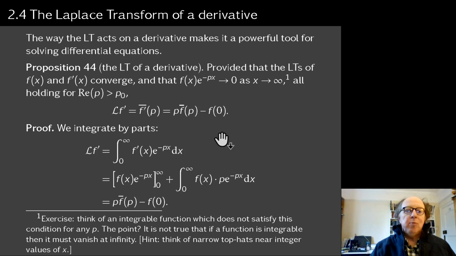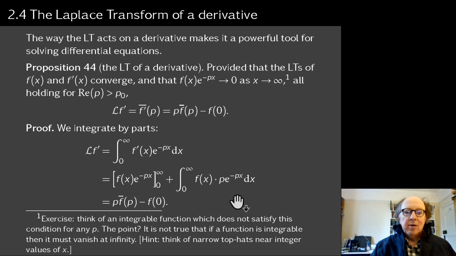And the proof is really simple. We just integrate by parts. The transform of f prime is the integral of f prime e to the minus px. Integrate by parts once, you get f e to the minus px between 0 and infinity. That's why we need f e to the minus px to vanish at infinity.